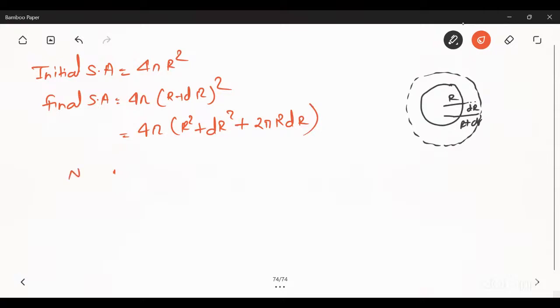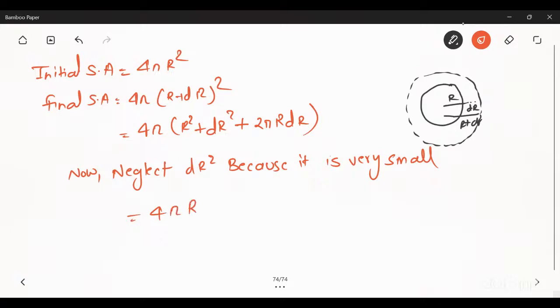Now neglect dr square, as it is very small. The final surface area will become 4 pi r square plus 8 pi r dr. The increase in surface area is the final surface area minus the initial surface area.